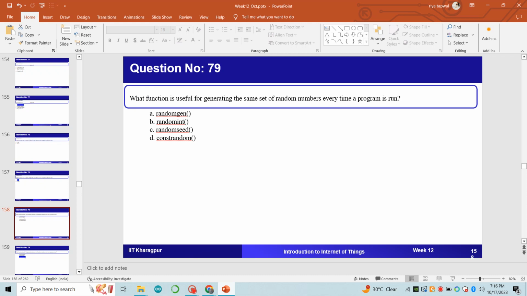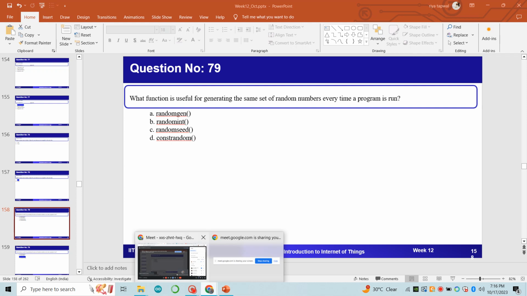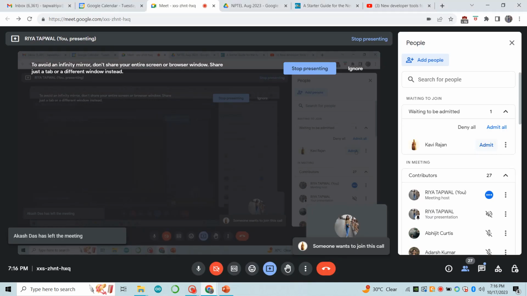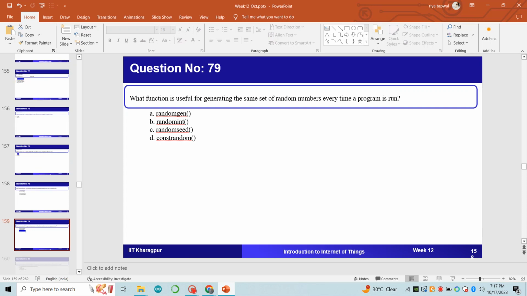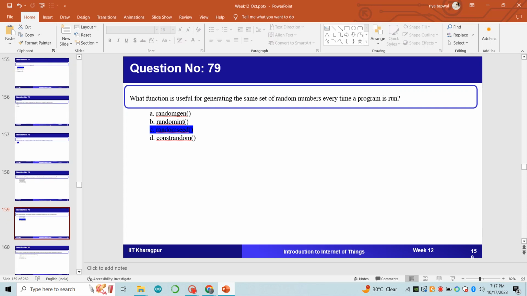Option B. Okay, anyone else? It's random seed. So option C is correct.